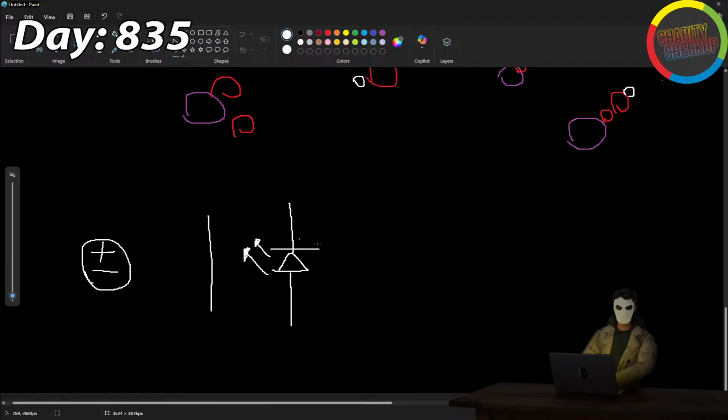LED, which will be kind of dumb to put in this configuration, but I have my methods.